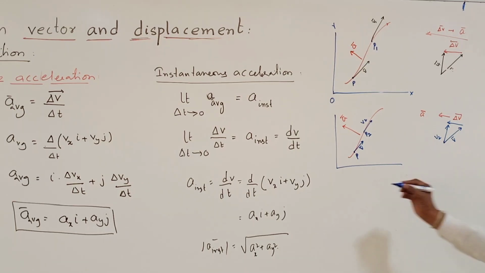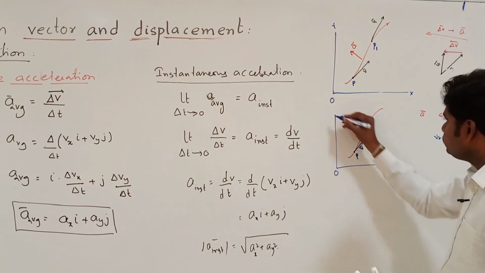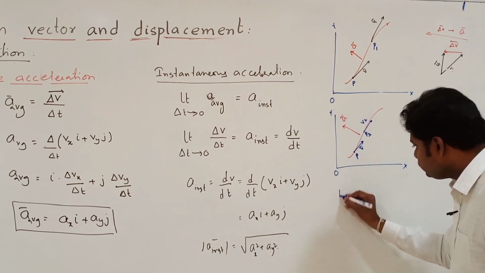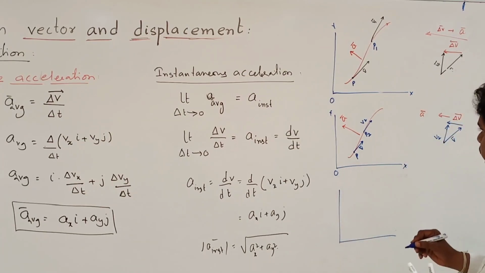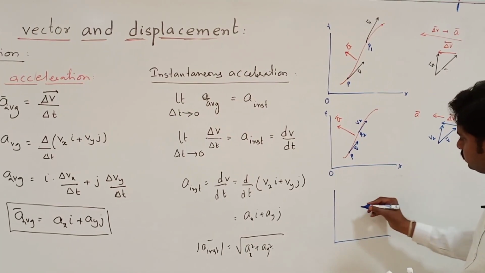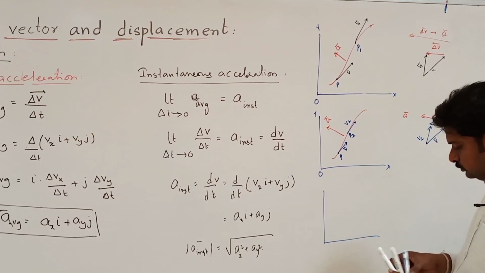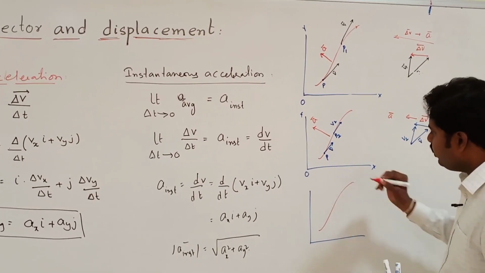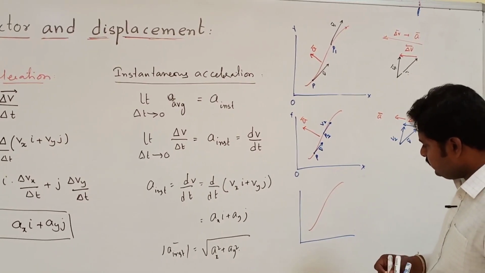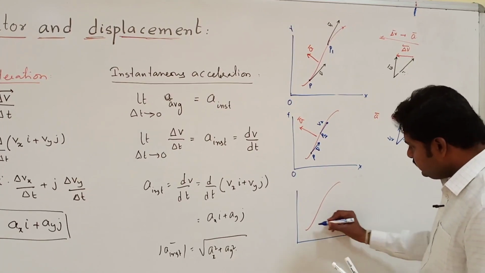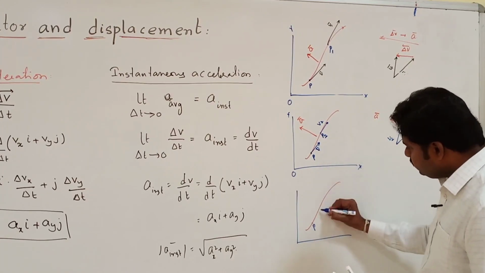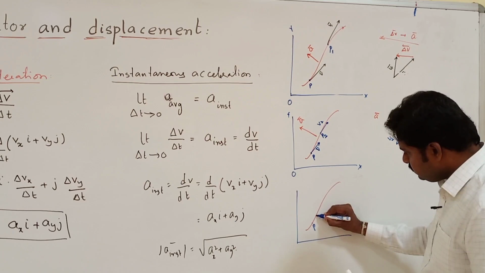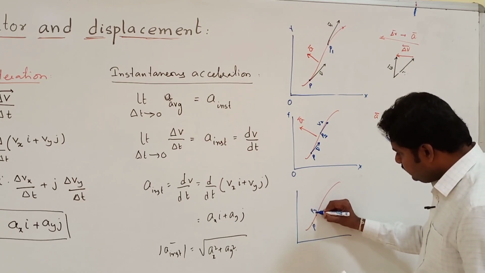Next, the same path again, point P is there and you choose point P3.